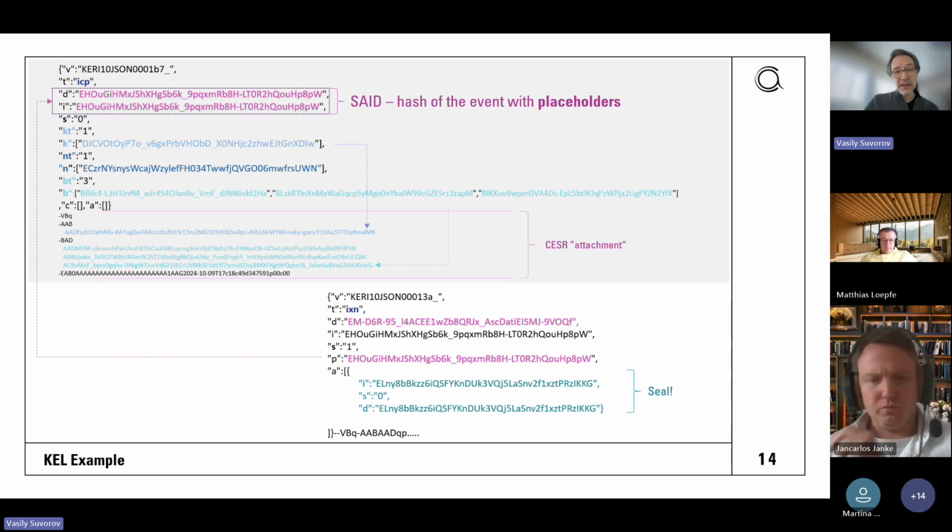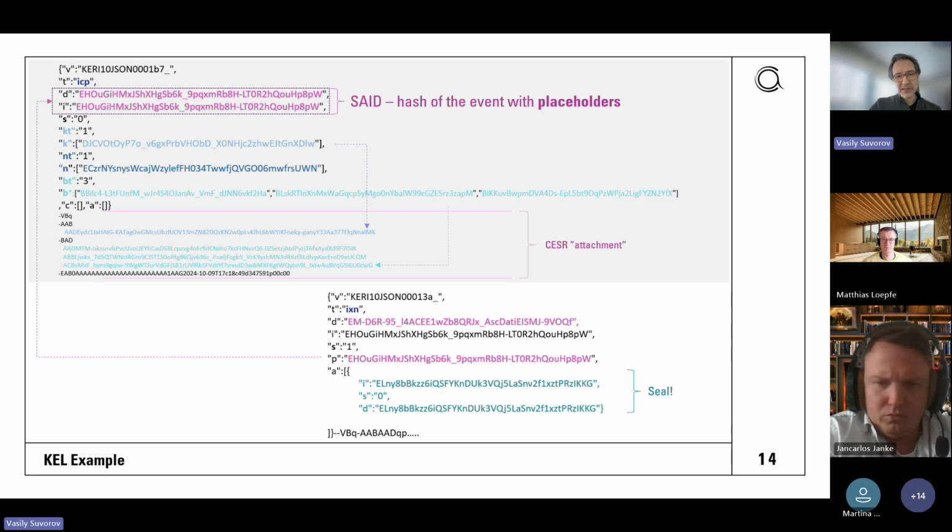Sequence is number one, and where the chaining happens with events, you see the P stands for previous. Basically, that's the reference to the digest of the previous event, right? The D field and P field are the same. And here we've actually anchored something. So remember, we talked about how we can add references to credentials.